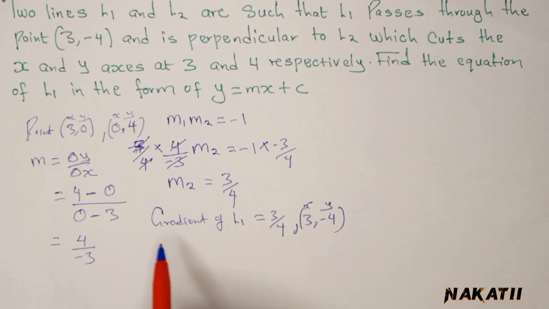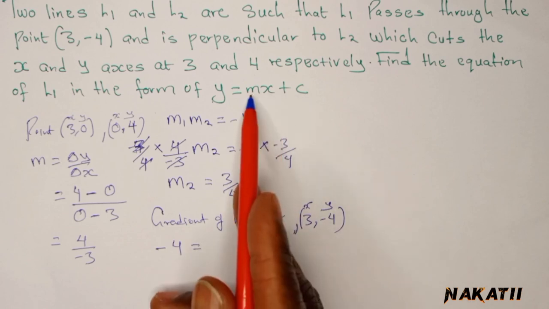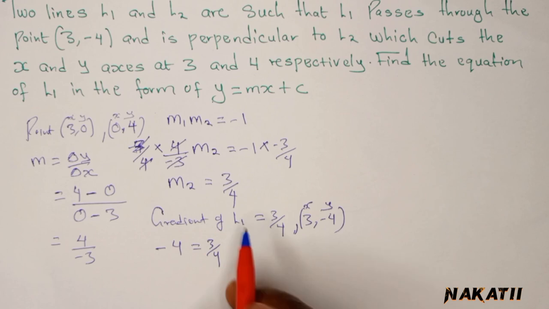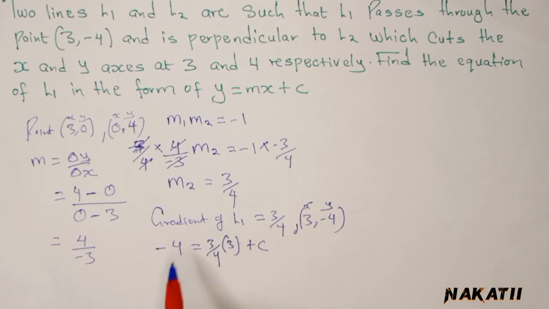So y from here is -4. So we're going to say -4 equals m, m is 3 over 4, multiplied by x. So our x here is 3. Then plus c. So we just need to find the value of c. So this one will be -4 equals 9 over 4 plus c.